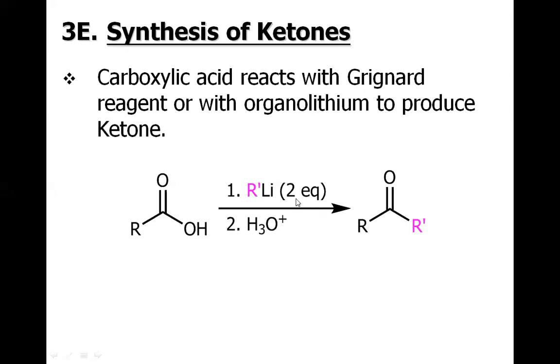Here you could see we have used two equivalents. And why two? This will be discussed in the mechanism. So this is the mechanism. You could see the first step must be the acid-base reaction. That is, the R of this organometallic compound is nucleophilic in nature, and also it's very much basic in nature.